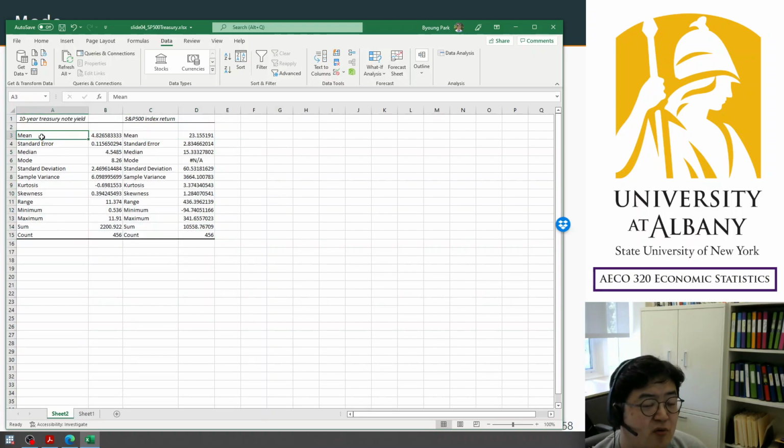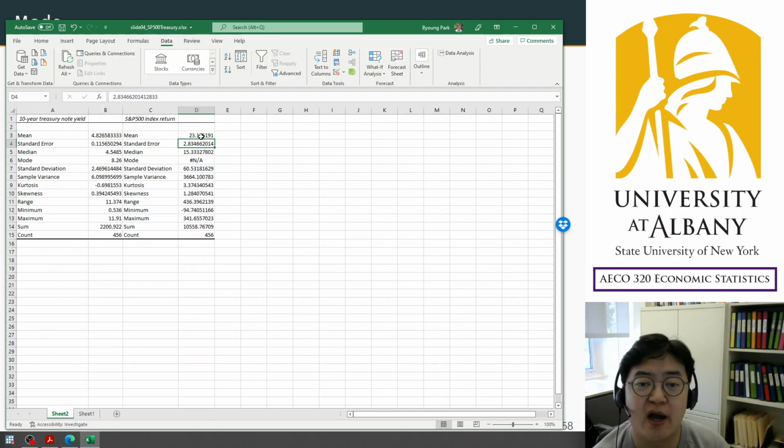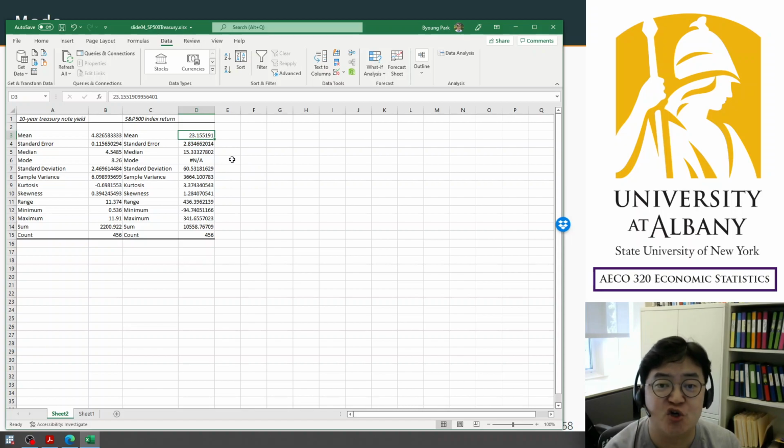So, what we learned: mean. If you compare the mean, the Treasury note is 4.8, but S&P 500 is 23. By the way, the reason we have different means here is that financial return should usually be calculated as a geometric mean, a geometric average. But here, this mean is the arithmetic mean, so it is not exactly the correct financial mean.